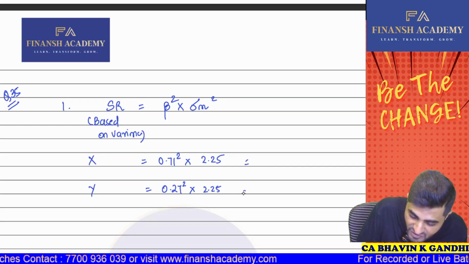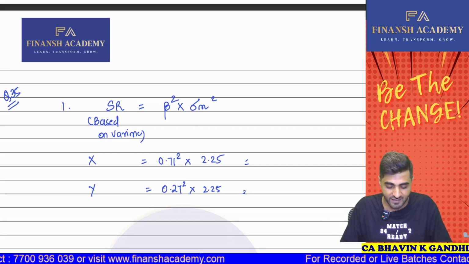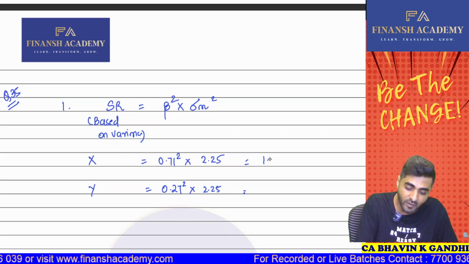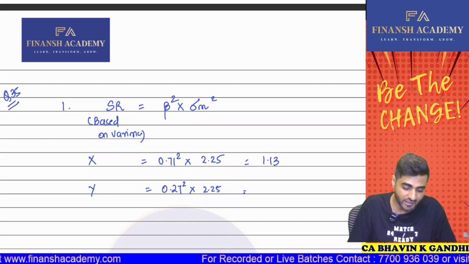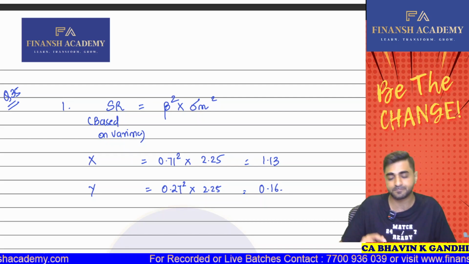So is this data sufficient for you to calculate your systematic risk? Yes, sir. So that will be 0.71 square multiplied by 2.25, so this is 1.13, and 0.27 square multiplied by 2.25, so this will be 0.16.